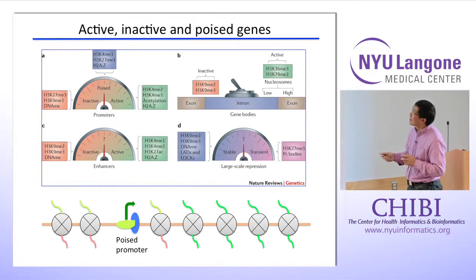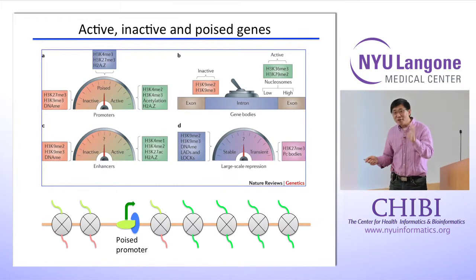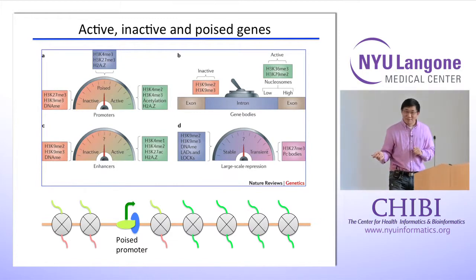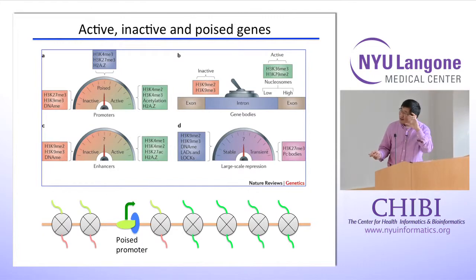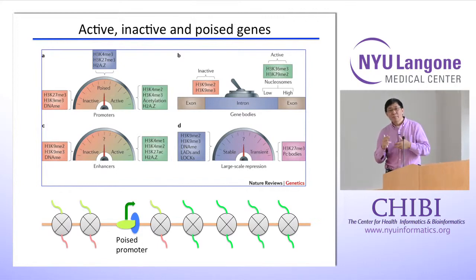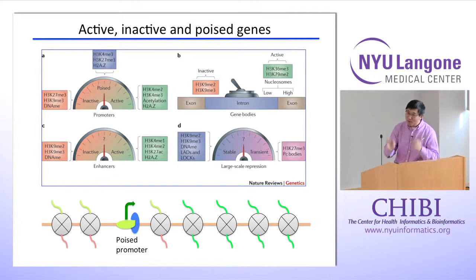For example, the poised genes, which are really different from the inactive and active genes, are marked with H3K27 trimethyl and H3K4 monomethyl, which is really a bivalent type of nucleosome within those regions.